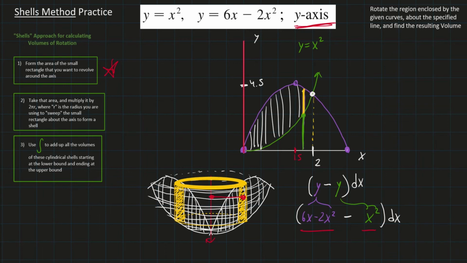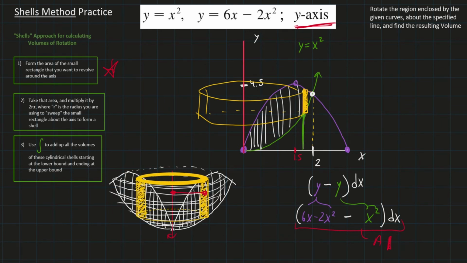And of course, if I multiply this by dx, multiplying by the width, I'll get the full area of this little rectangle. So, ideally, you want to test your equation at a couple points, just to make sure it holds. And now that we know this is the correct equation that gives us the areas of these tiny rectangles we want to rotate about, now we can go ahead and take that little area and rotate it about our y-axis.